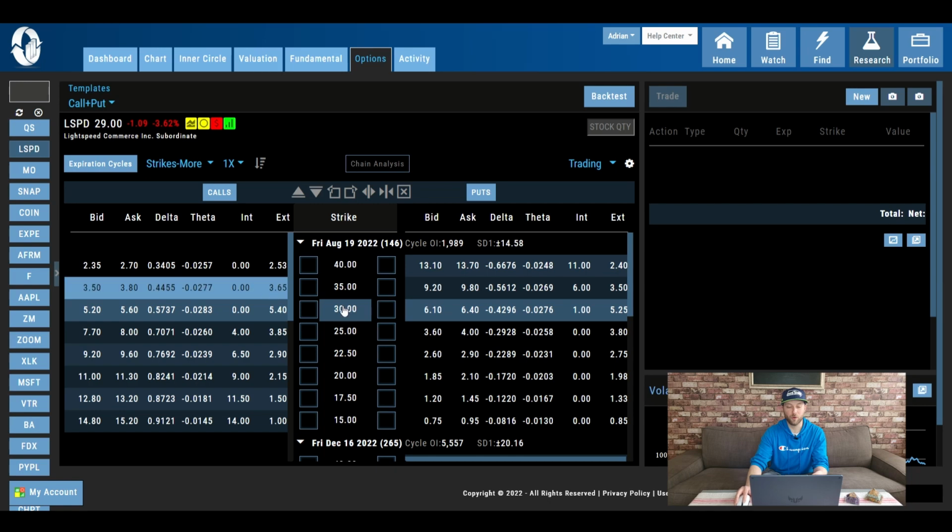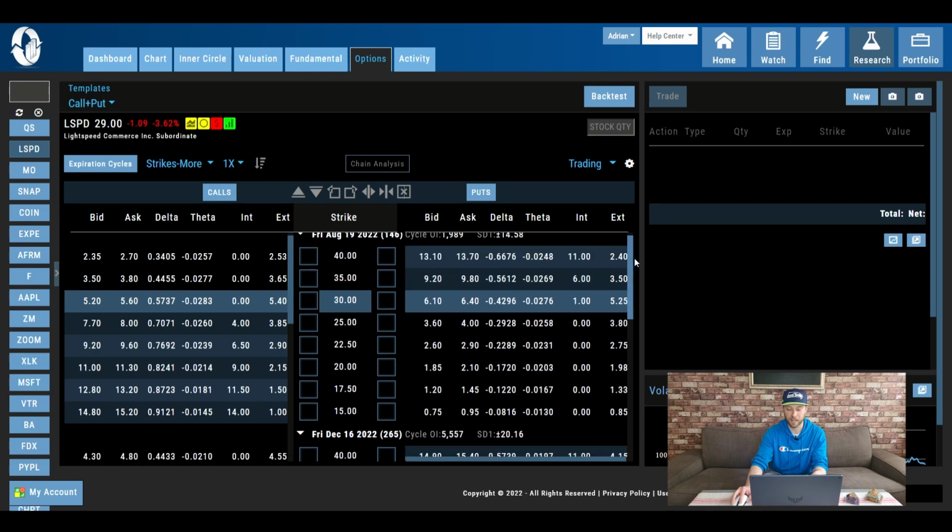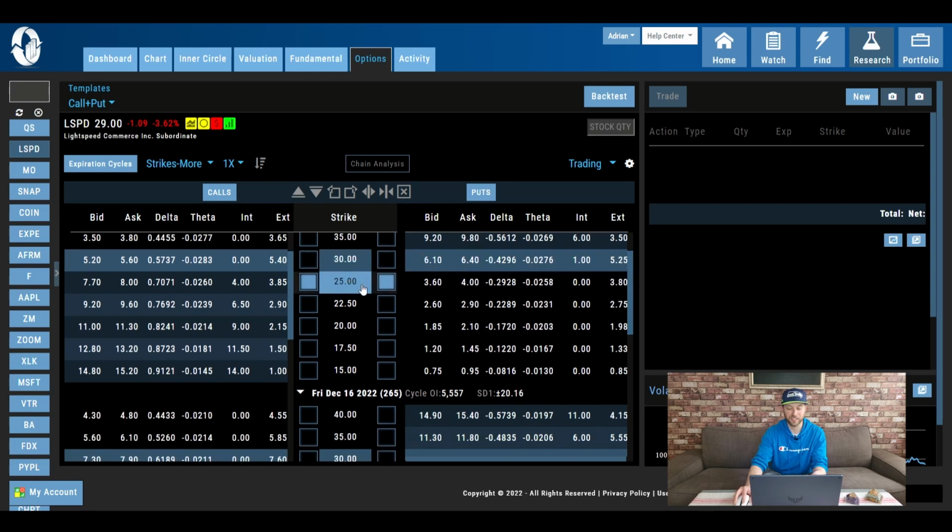So let's go over and take a look at some of these options and compare some different expiration days here. Starting off with our Friday, August 19th, 2022 expiration, about 146 days out, so just under 5 months. Let's use the same strike for all of these examples. The one that I'm looking at is this $25 strike. It has a really nice delta of 70 and our buy price is around $8.